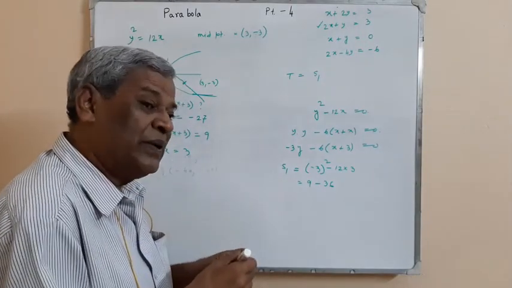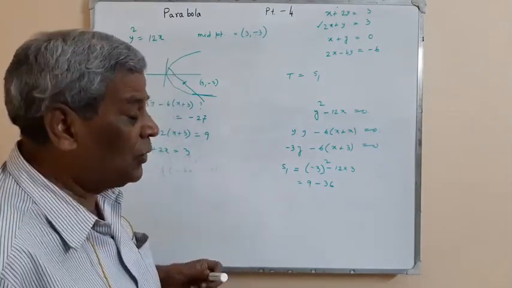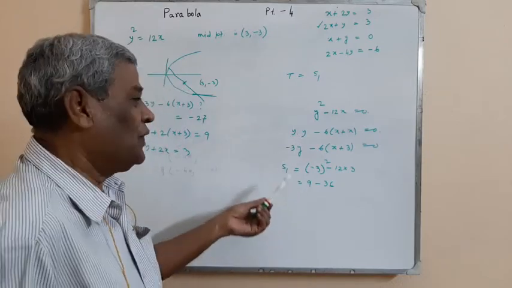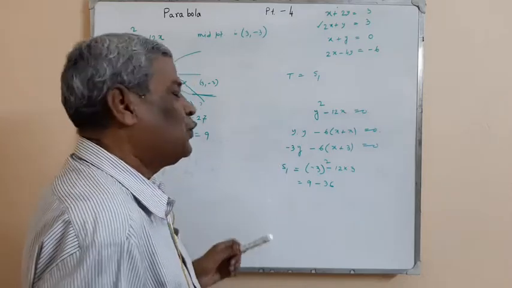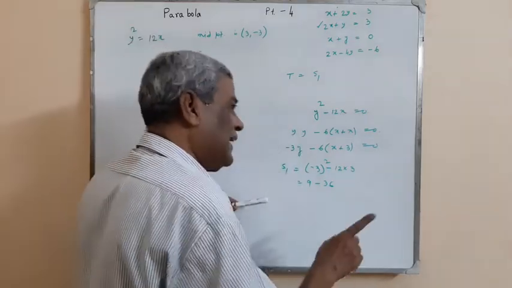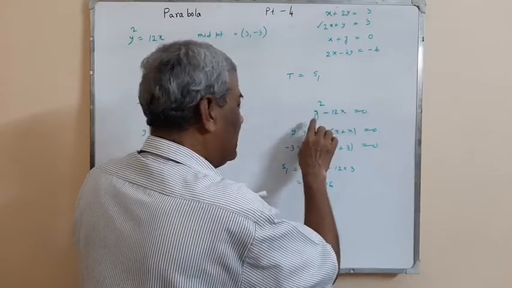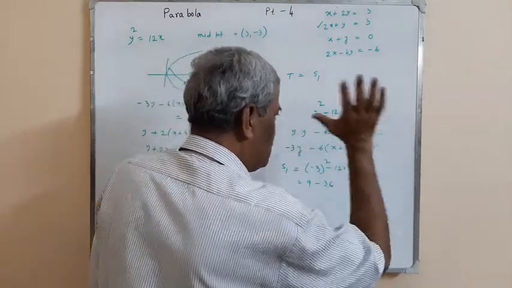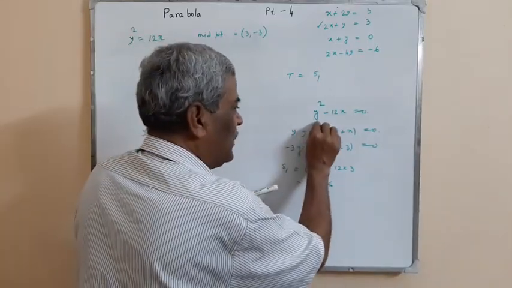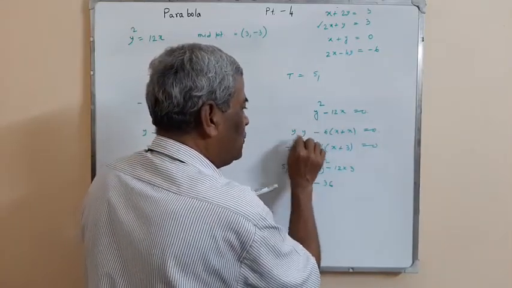So when we are asked about the equation of the tangent of any curve at any point, we have to use this technique. Once again, I am repeating the process. If the equation is this, if the first term is quadratic, make it y into y.